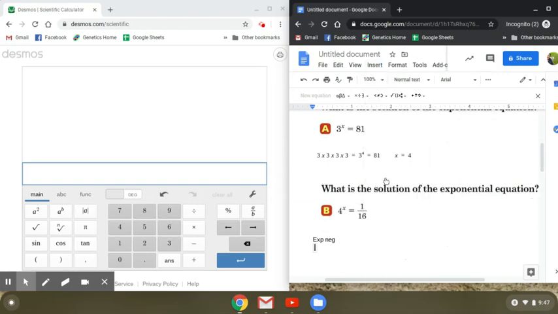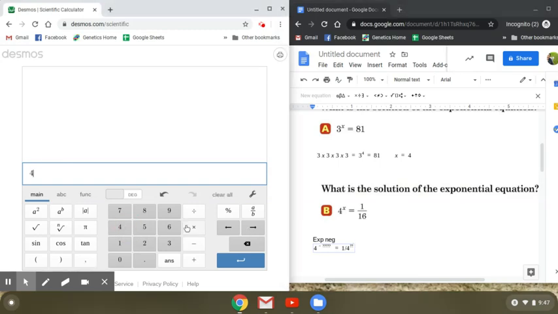So we have an equation, 4 raised to something, we don't know what, but we do know that it's going to be a negative something, is equal to 1 over 16, or 1 over 4 raised to some power. So how do we get to 16? Well, let's see. 4 times 4. Oh, 4 times 4 is 16.